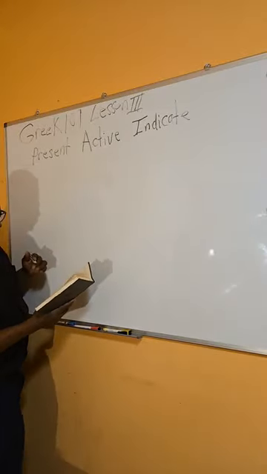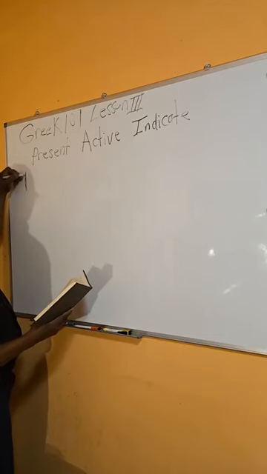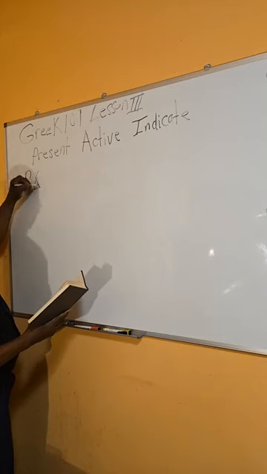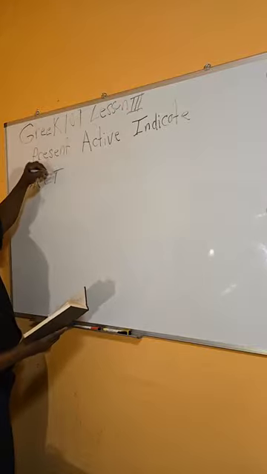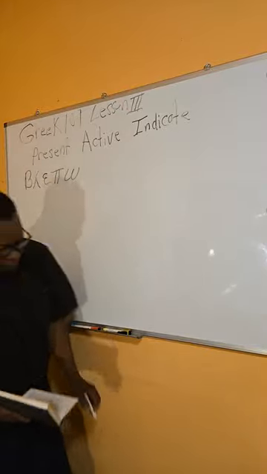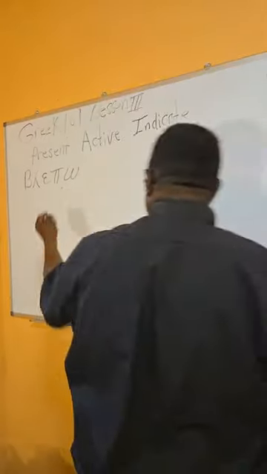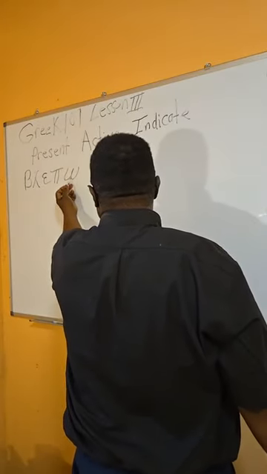Now in Greek, we have words like blepo. Okay, blepo: beta, lambda, epsilon, pi, has that P sound, omega. Now see that omega right here? That's your subject.